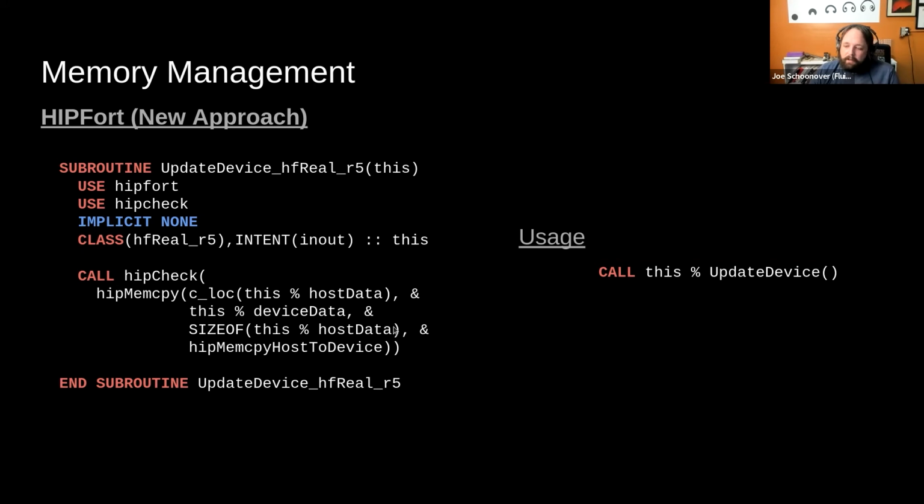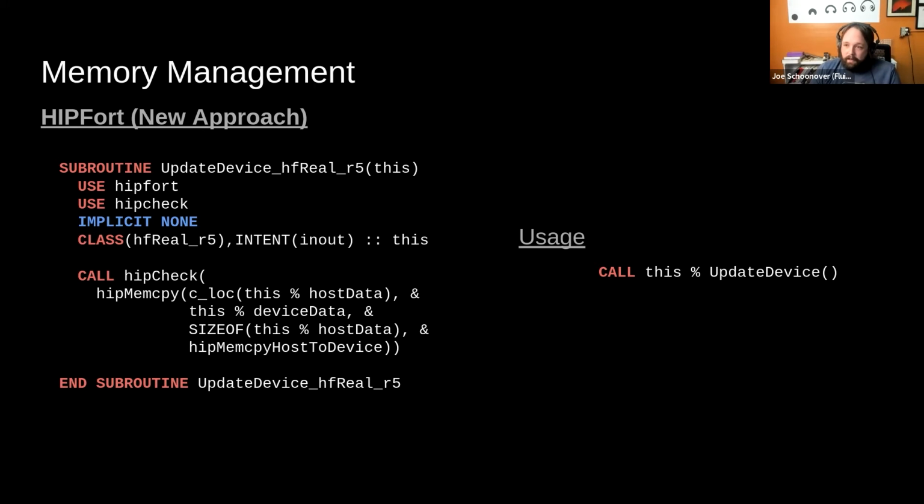And you don't end up needing the size entry when you're doing this memcpy with Fortran pointers on both the host and device sides. The reason is the Fortran pointers also store information about the size of the memory that's held there, and they've implemented some stuff to pull out that information for you. So it does help reduce the number of lines of code.